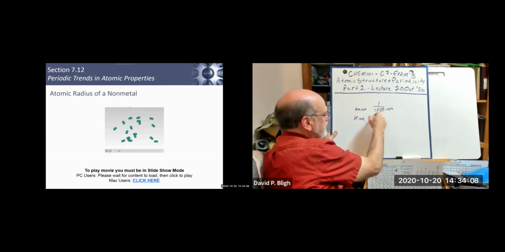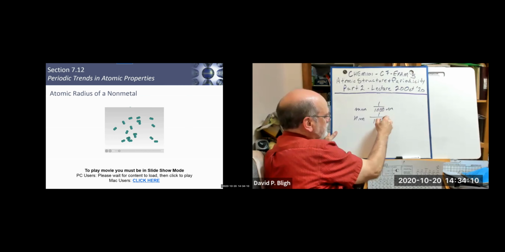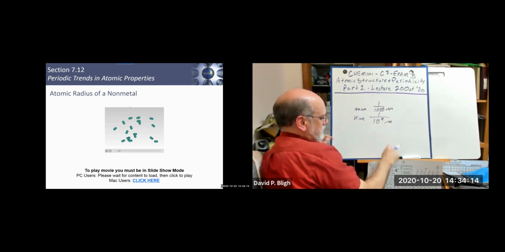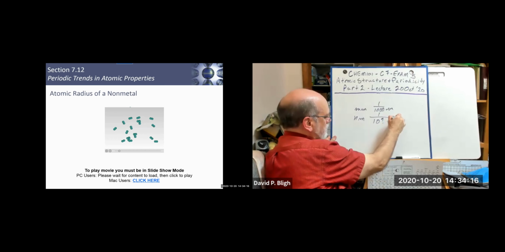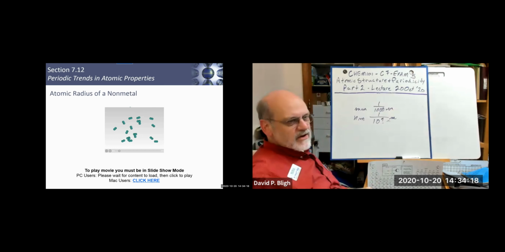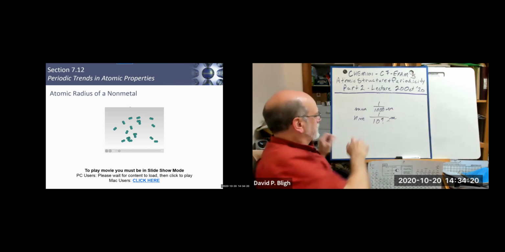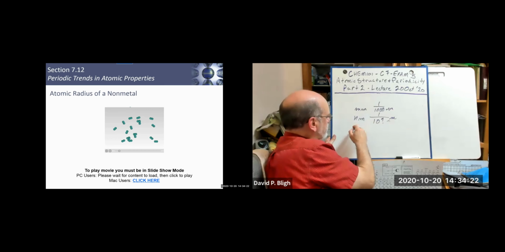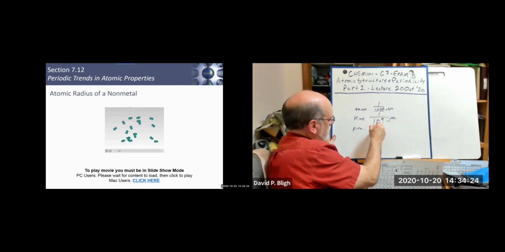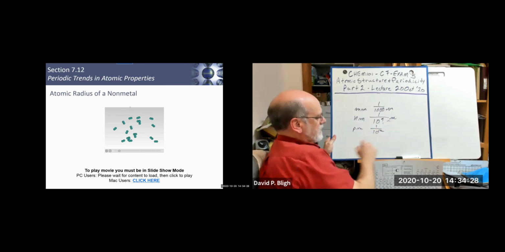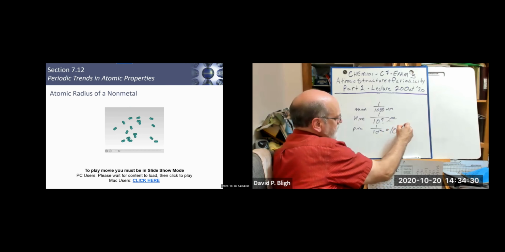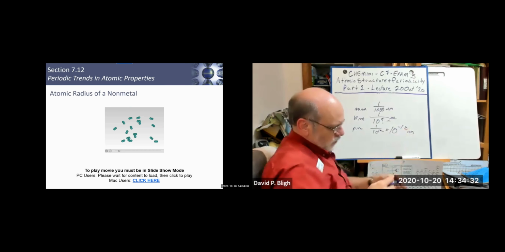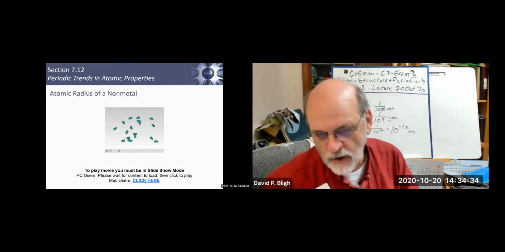A nanometer is about a billionth of a meter. See that meter just right here. A picometer is another 1,000 times smaller, or 10 to the minus 12 meters. So we're talking about really small distances.